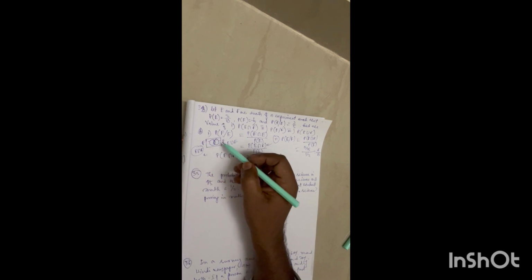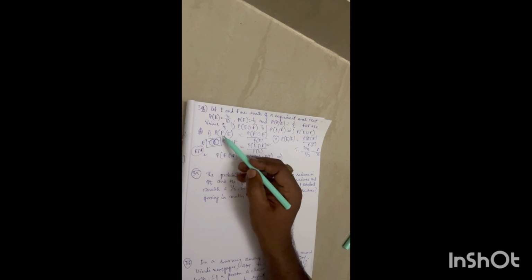Union means all the space together, so E ∪ F means the area belonging to F, the area belonging to E, and their common space.